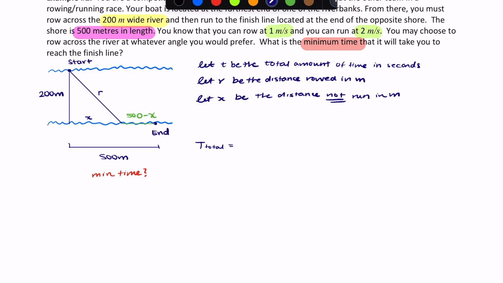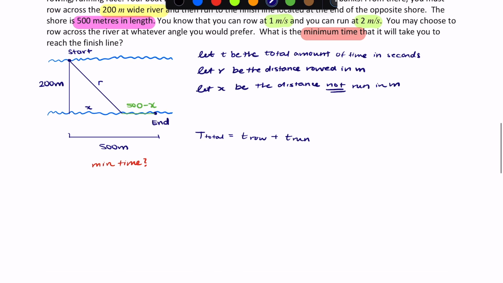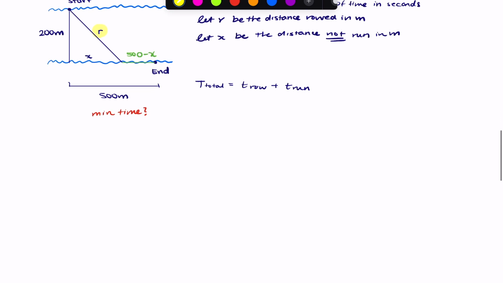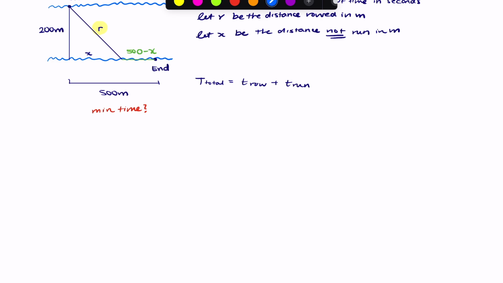So here, again, we're looking at total time, and the total time is equal to the time that was rowed plus the time that was run. If we're looking at this r value, to start, again, we can use the Pythagorean theorem.